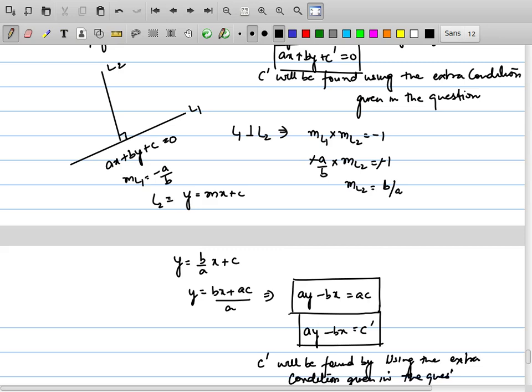Now the important point is, have a look at the equation that was given to us and the equation that we are getting. ax plus by plus c was 0, and if we write this the other way around, by plus ax plus c was 0, and here we are getting ay minus bx plus c dash is 0.